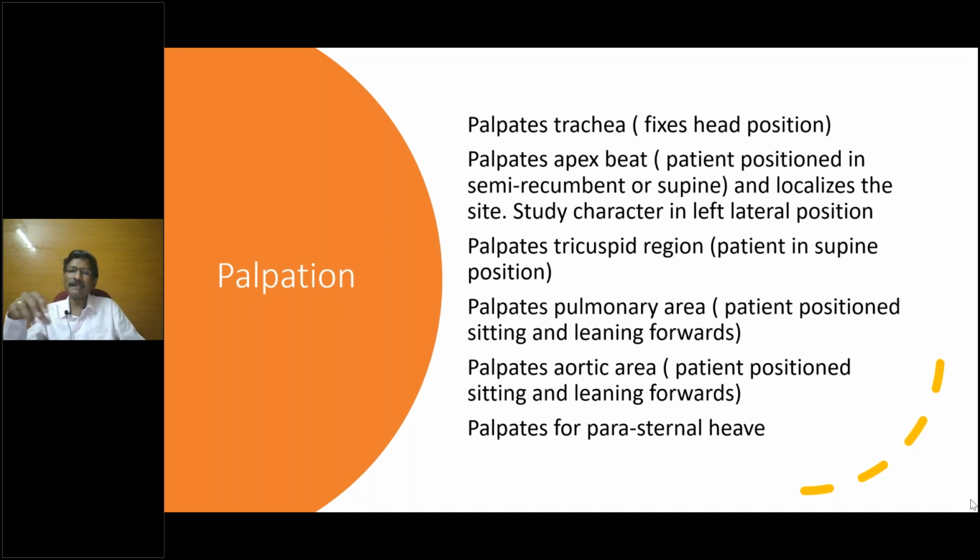When you palpate the other areas, since the valve is not closing very harshly, you will not be able to feel any palpable events in the tricuspid region or in the aortic region, except for a thrill. A systolic thrill may be felt usually in the right second intercostal space, which corresponds to the direction of the aortic jet, which we also call the aortic area.